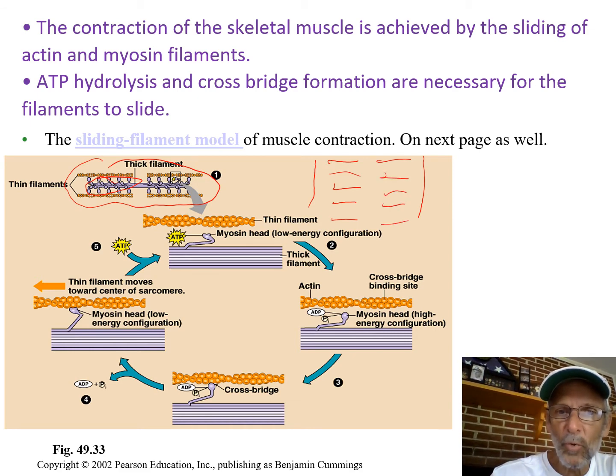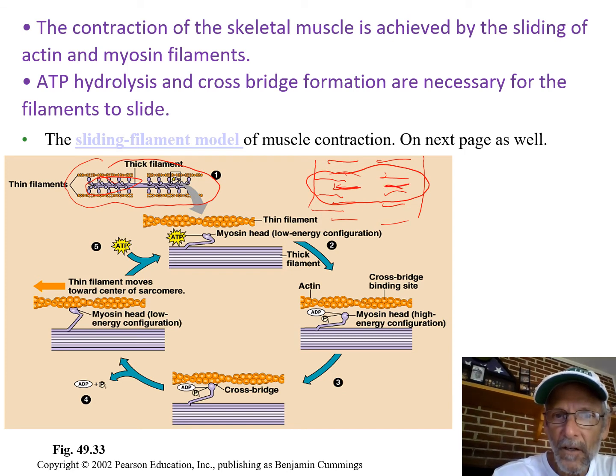And in between, attached to the Z line, are the actins, between each myosin. So they have taken just one of these units with one myosin and an actin on either side of it.